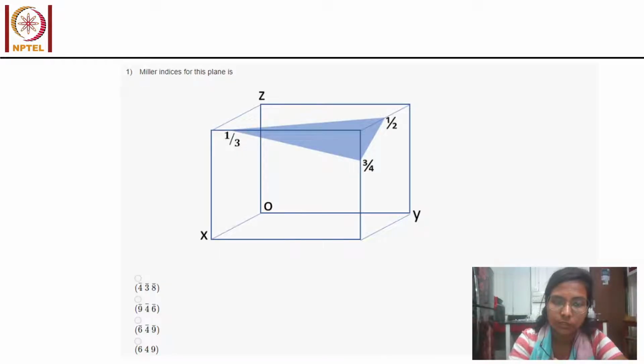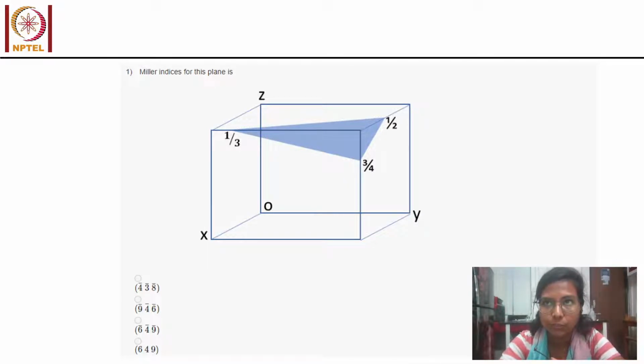So this was the first question. The question was: what are the Miller indices for this plane? As you know, we can simply get the Miller indices in the following way.